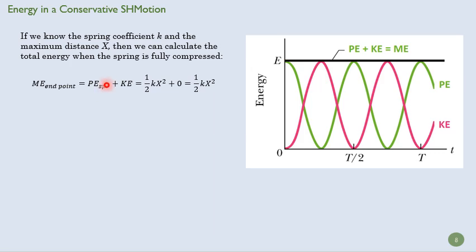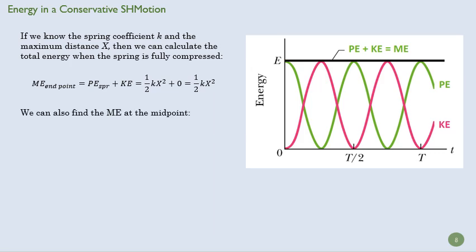But we know that the spring energy can be calculated using this equation, which we talked about in our lab, and when we talked about energy. So this is our displacement squared times our spring coefficient. And we know at the end point there's no velocity, right? So that's a zero. So the total energy in the system is half kx squared.